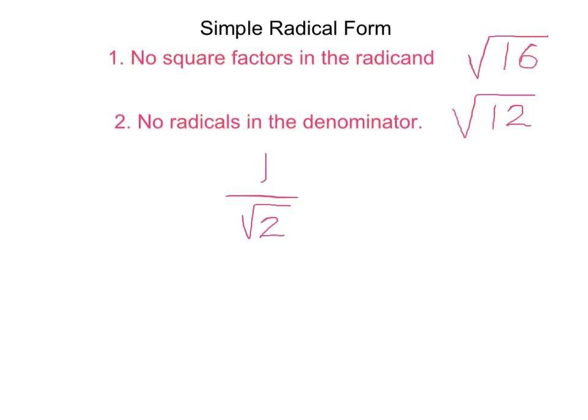But first, I want to review some basic rules about radicals. Here are some rules. If you have a radical a, this is all square roots, times the square root of b, that can be written as the square root of a times b inside. In other words, you can take the square root of a first, and then the square root of b second, and multiply those together, or you can multiply them together first and then take the square root.